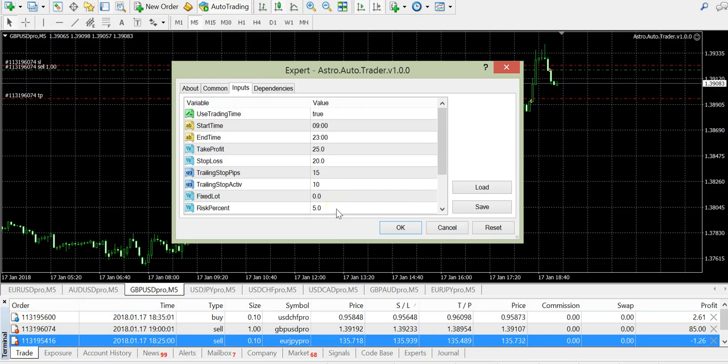It means how much of your trading balance, what you have in the account, you are going to risk. So if you have $1,000 in your account, and you put 5% here, you risk 5% or $50 if you lose. So $50 you can lose maximum.